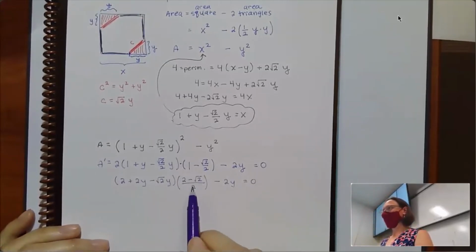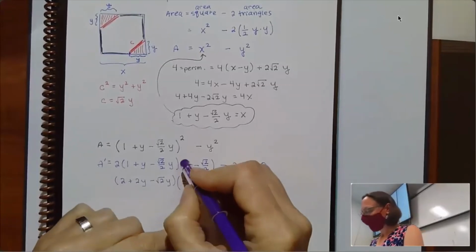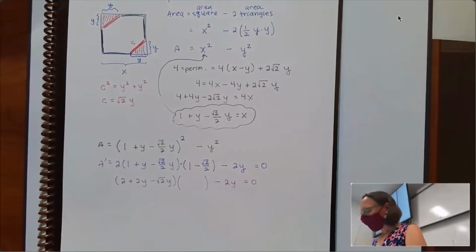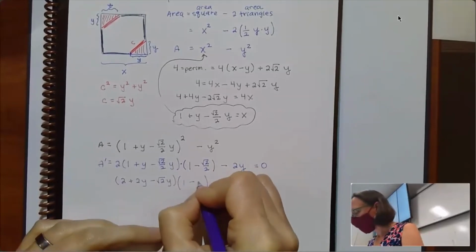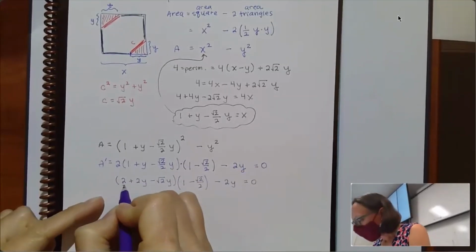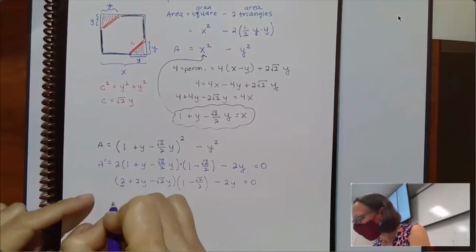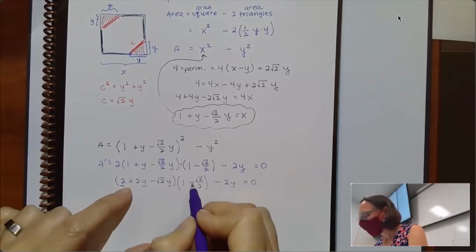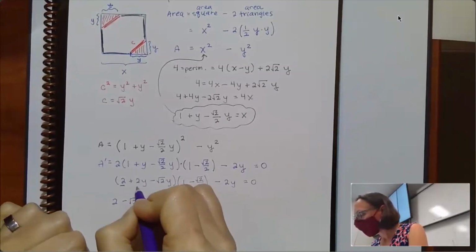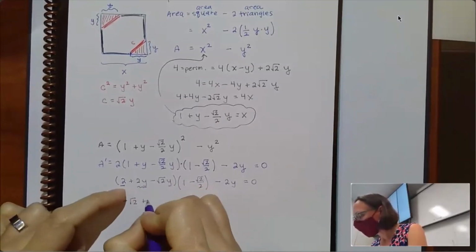I don't like this any better. I'm changing my mind, because I'm going to have to multiply it in. I think I'd rather multiply this in. So I'm going to have 2 times 1, which is 2. 2 times negative square root of 2 over 2 is negative square root of 2. Then I'll have 2y times 1.